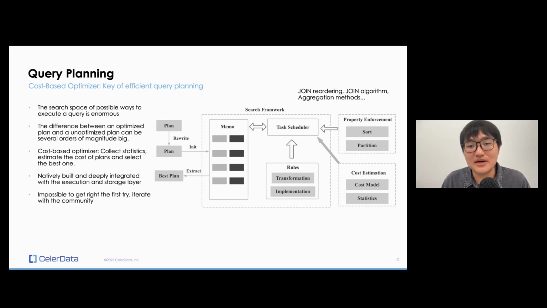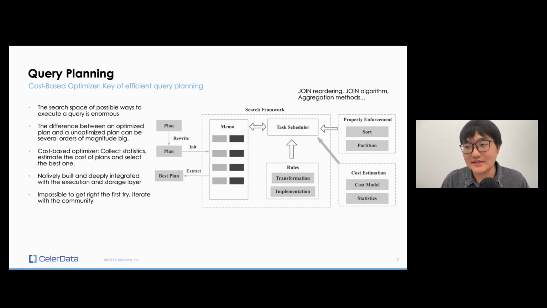And so what does a cost-based optimizer do? Instead of using predefined heuristics and rules to say which route to pick, our cost-based optimizer actually collects statistics and computes the cost of each possible query plan, and uses a greedy algorithm to pick the best one, right?